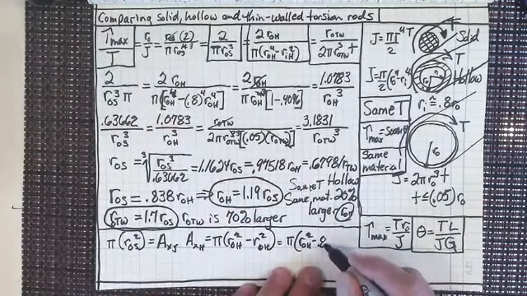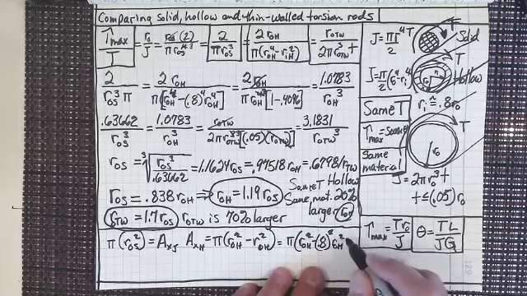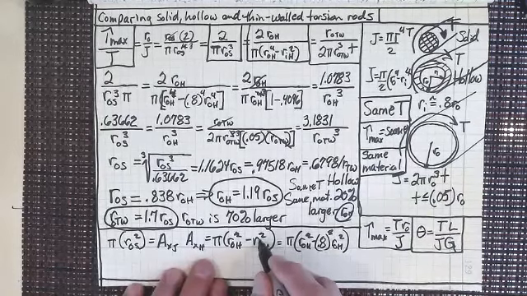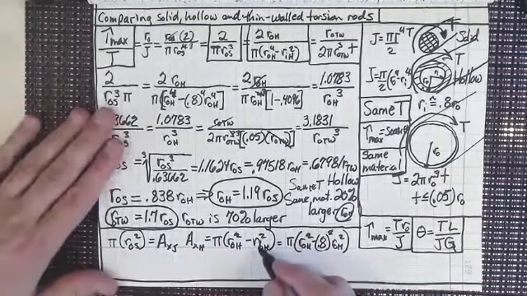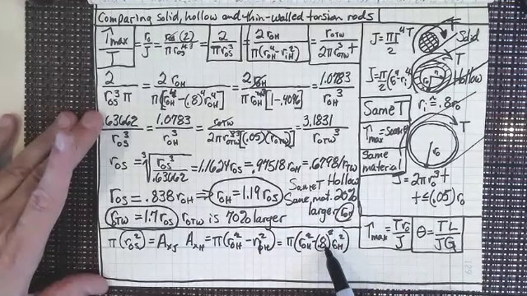So it's 0.8, but this time instead of to the fourth, it's just squared, isn't it? That should be R inner, because I wrote it there. It's not R outer, it's R inner. So we've got this, and 0.8 squared is 0.64, isn't it?